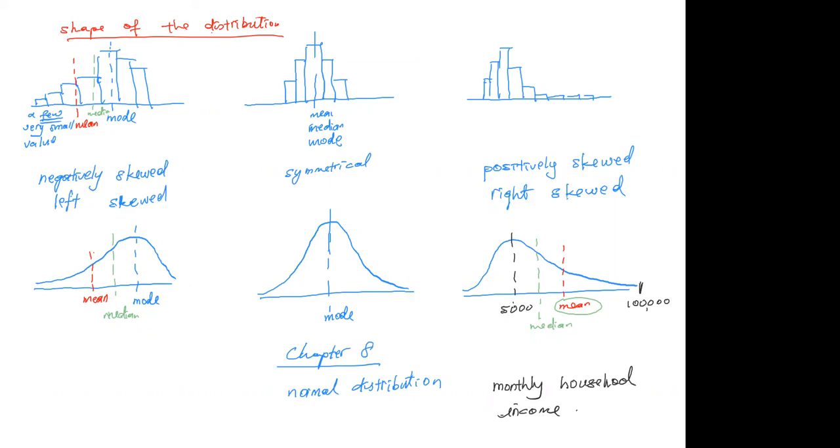So if someone just gives me the mean, and I know that variable is right skew, I will ask for the median and the mode to get a better picture of the whole thing, of the population or of the sample.